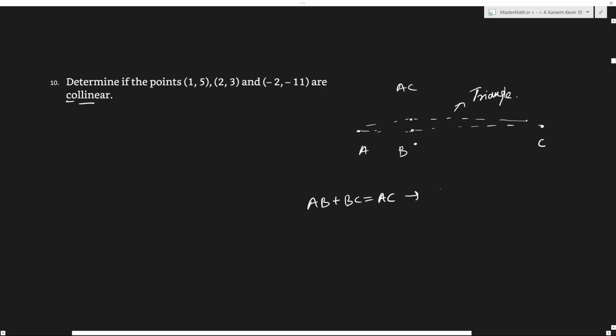So this is for checking collinearity. And if it is not, suppose AB plus BC is greater than AC, and you could check for any value, like we have written ABC, but the B point could have been C, C could have been A, like that. So we need to check that any two sides' sum is greater than the third side.